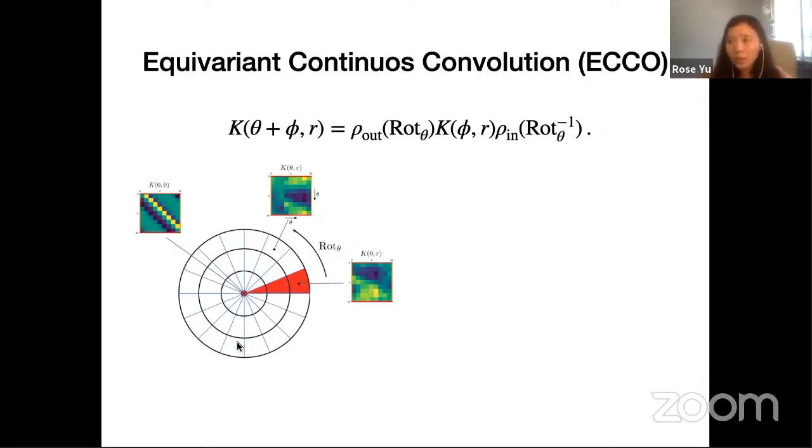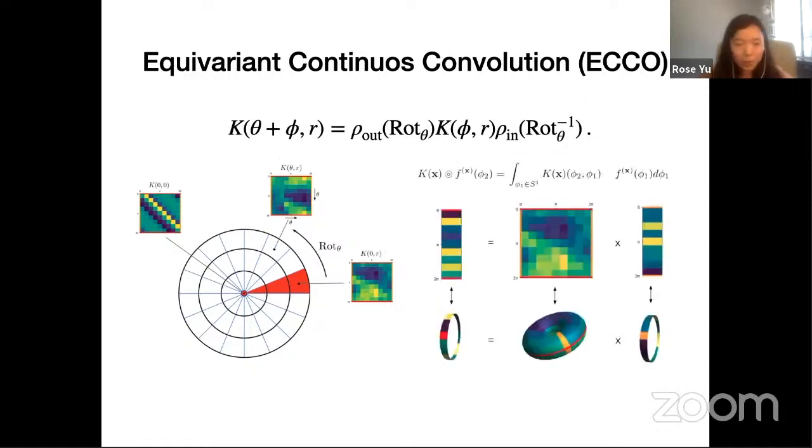It turns out that this kind of circular pattern that we defined for the kernel basically corresponds to functions on the circle. So it became a torus kernel. Essentially, this tiny matrix here, when we fold it up along the angles, becomes a torus.